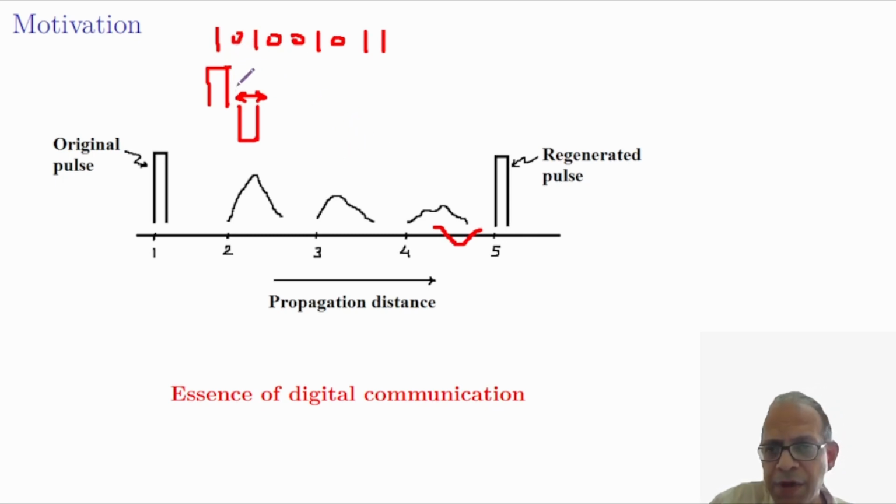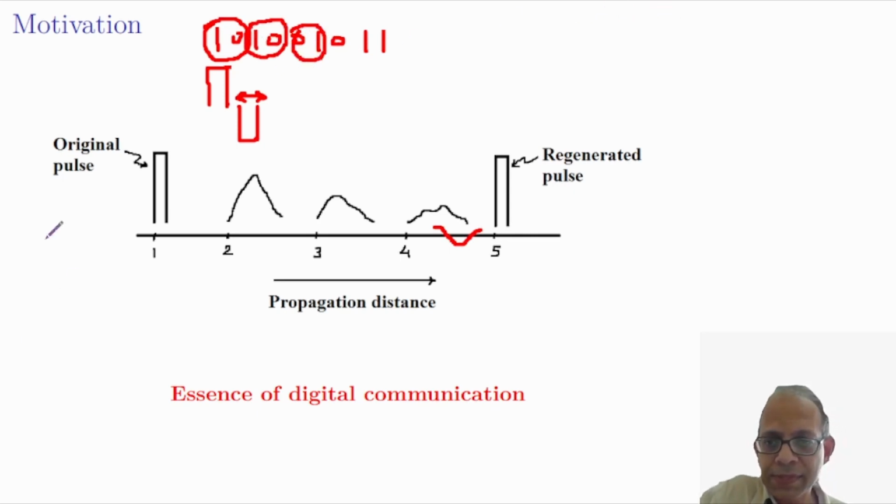So in this example, we assume that a 1 is represented by a positive pulse and 0 by a negative pulse. We may go for other possible schemes in which we take a collection of bits, say 2 bits together. Then we will have 4 possible combinations: 0 0, 0 1, 1 0 and 1 1.